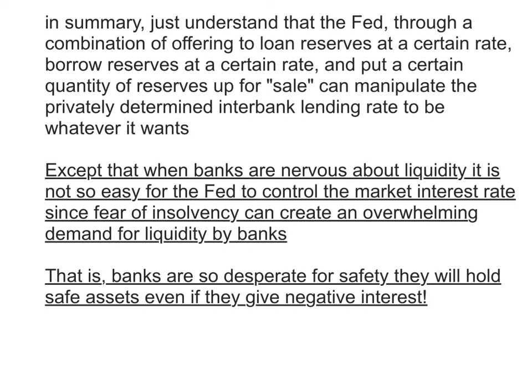Another unconventional policy tool is quantitative easing, and that means the Fed just goes out there and buys lots of junky bonds and pours money into the system and hopes there'll be enough money and liquidity sloshing around that somehow everyone will calm down.